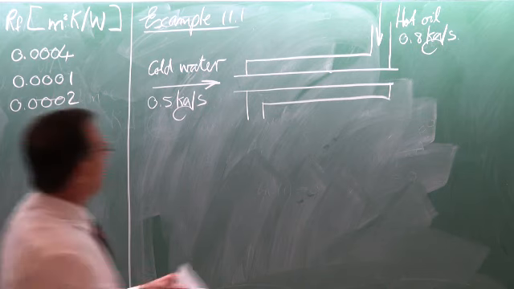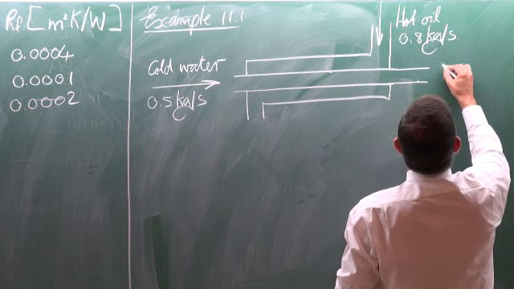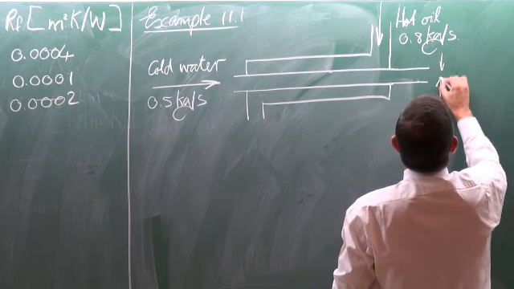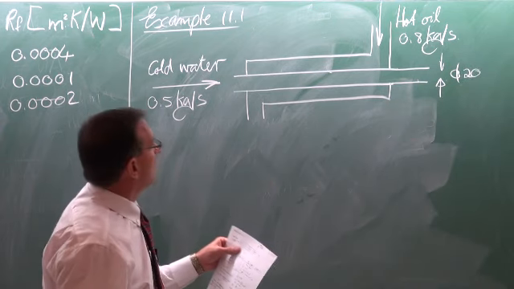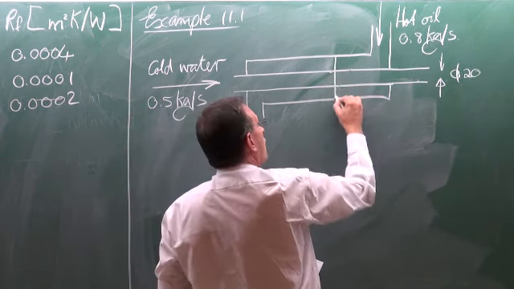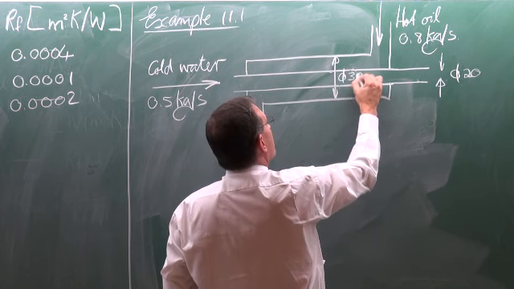The diameter of this inner tube is 20 millimeters, and the diameter of the annulus is 30 millimeters.